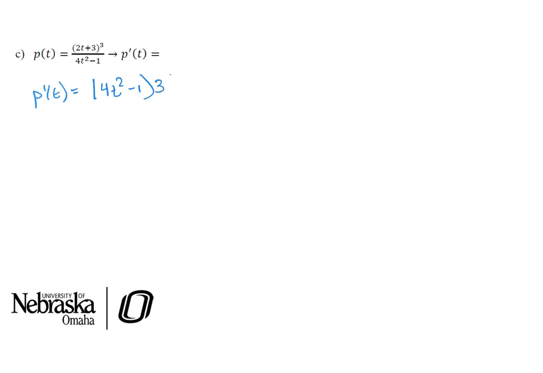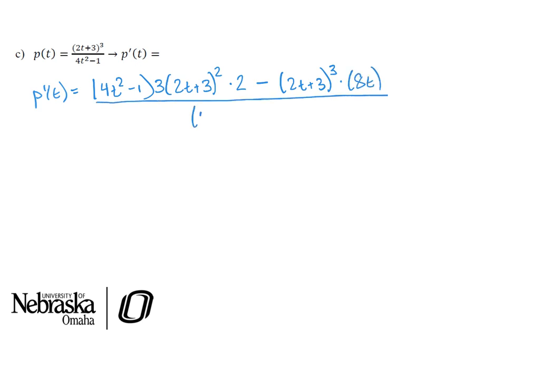So we multiply our exponent out front, decrease the exponent by 1, and then multiply by the derivative of what's inside the function. So the derivative of 2t plus 3 is 2. Then minus the numerator, exactly as it is, times the derivative of the denominator. Derivative of 4t squared minus 1, we just have to look at the 4t squared, so we get 8t. And then divided by the denominator squared.